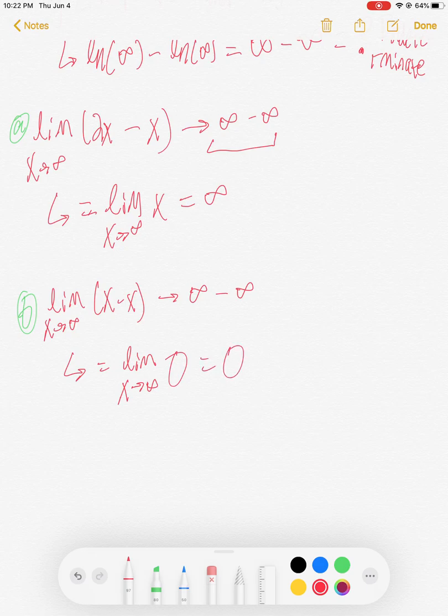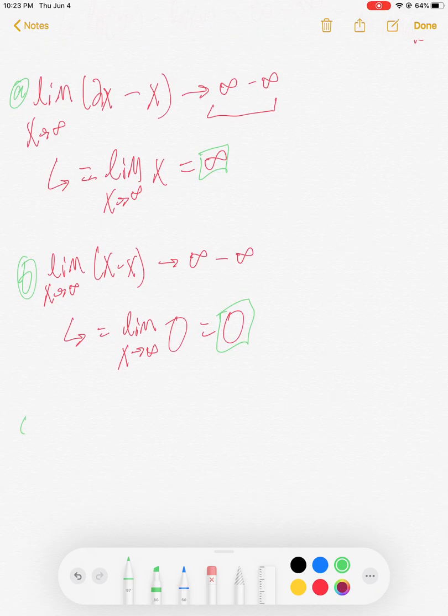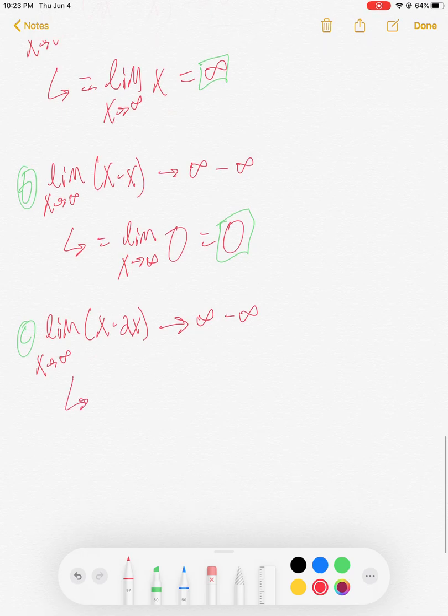Well, technically, if I just plug in infinity for both functions, then I get infinity minus infinity again. But clearly, this is just the limit as x approaches infinity of 0, and that is 0, right? So I've already got two different answers here. Even though I got infinity minus infinity, that isn't enough information.